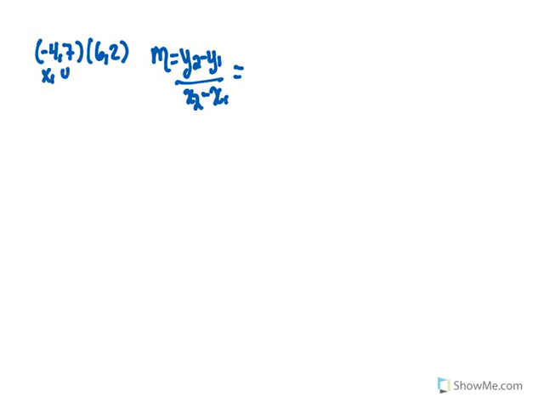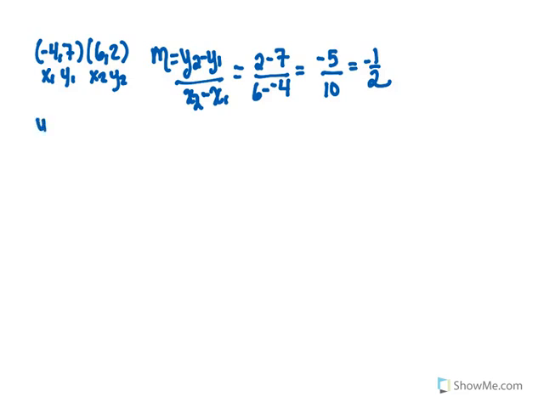So x1, y1, x2, y2, and I get 2 minus 7 divided by 6 minus -4. So that's -5 over 10, which is -1/2. So that's my slope.